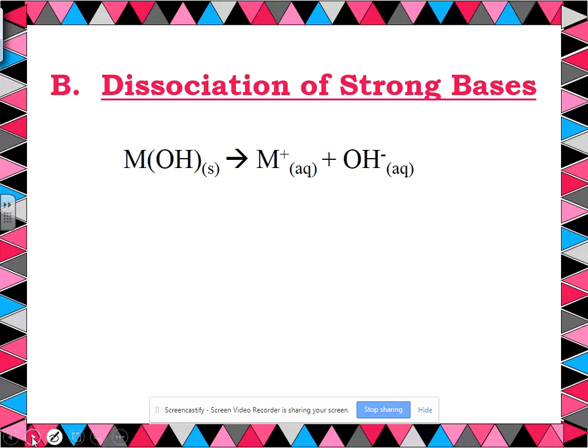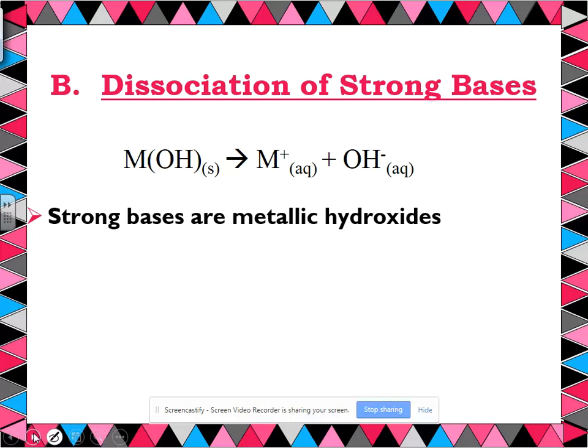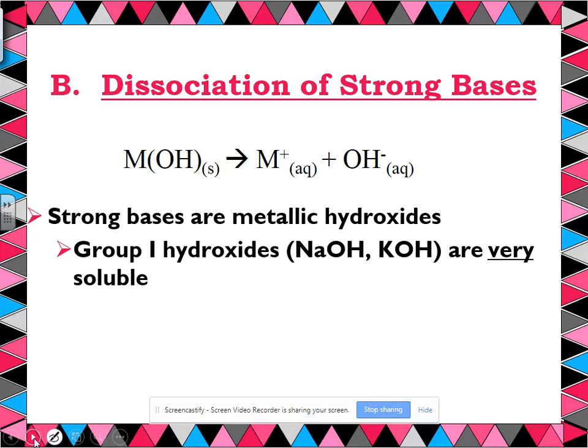So let's also think about dissociation of a strong base. So this is a general reaction for a base, strong base. Remember, your strong bases are metallic hydroxides, specifically group 1A and 2A metal hydroxides. So here I just have an M for metal with the OH. It's going to dissociate. Again, we're going to assume 100% dissociation.